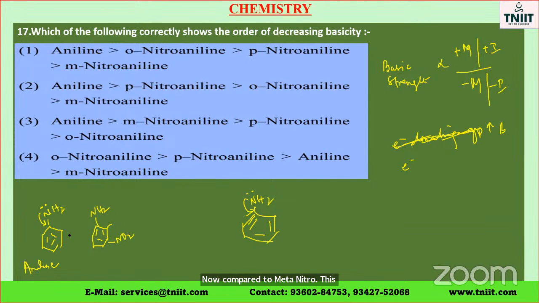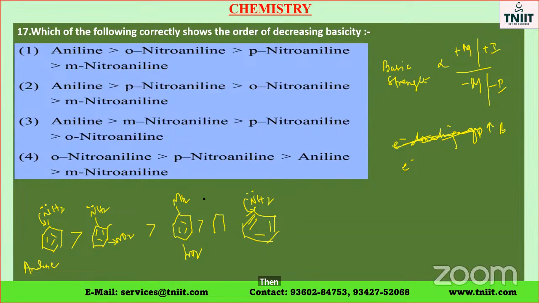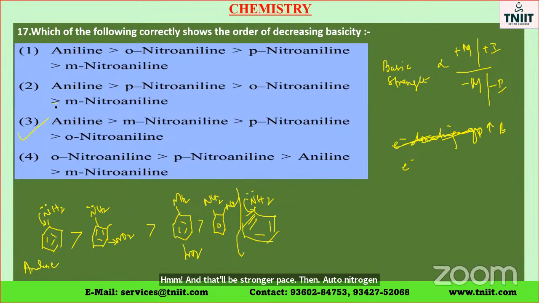Aniline is more basic than metanitro. So aniline will be a stronger base than metanitro, and that will be a stronger base than paranitro, and that will be a stronger base than orthonitro aniline. So therefore, the answer for this question is option 3.